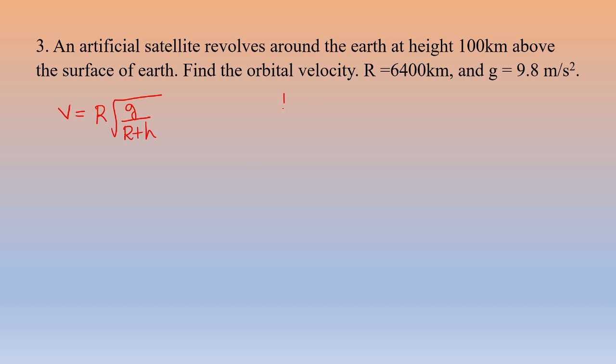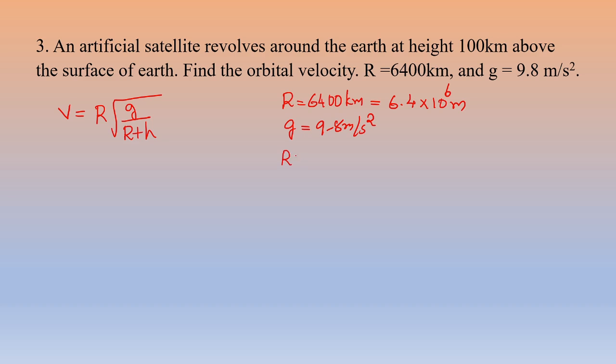Now what is the value of radius? The radius is given 6400 kilometer. That we have to convert to meter. That we can write as in the previous problem 6.4 into 10 raised to 6 meter. And small g, the value of small g is 9.8 meter per second square.